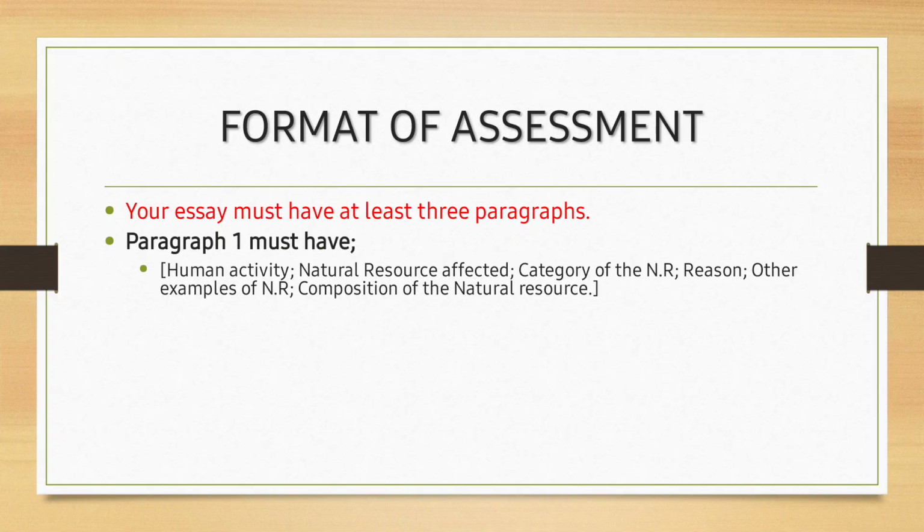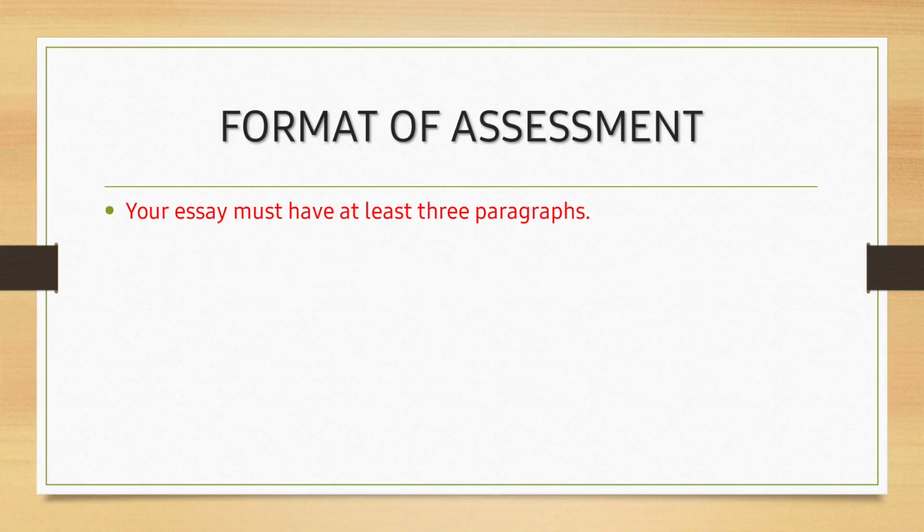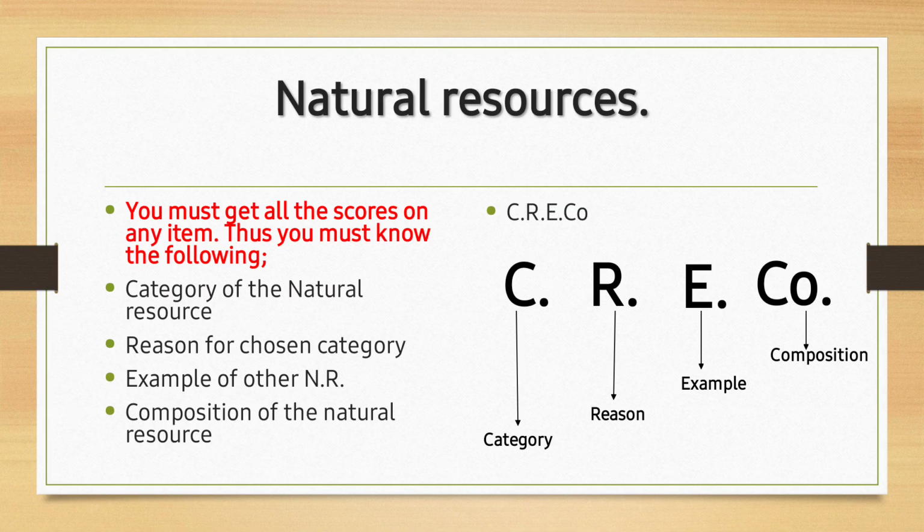The first paragraph must have the human activity, the natural resource affected, the category of the natural resource, the reason, other examples of the natural resource, and composition of the natural resource, just like we discussed in the previous slide. It must have category, reason, example, and composition.